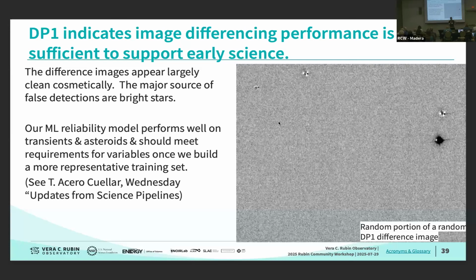It tends to mark variable stars as bogus, even though they're not necessarily. So that's a known issue. Gautham doesn't care. Some of us want to discover variable objects, and we will. So we have plans for updating and retraining this model on LSSTCam data, and so anticipate that not being an issue going forward.